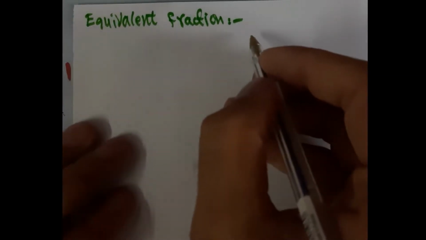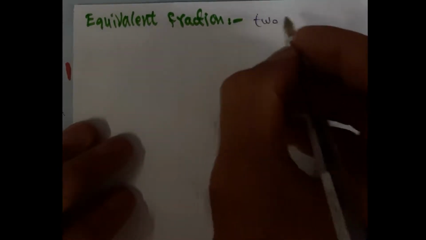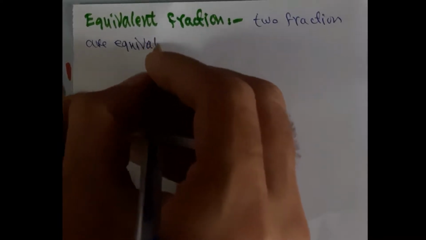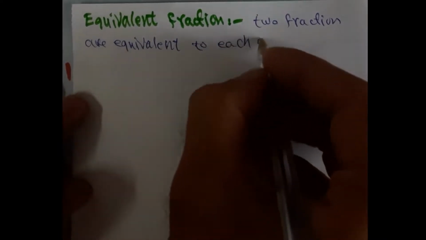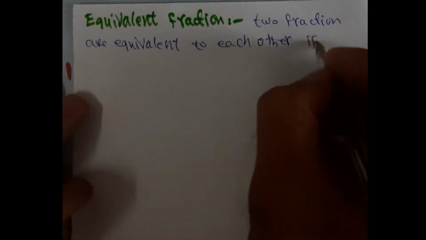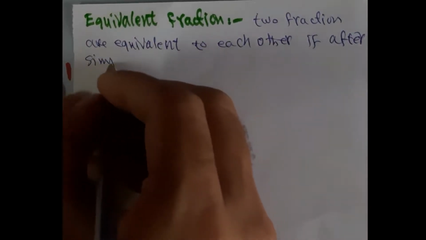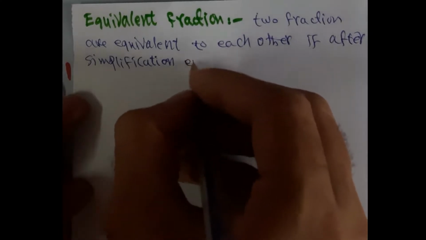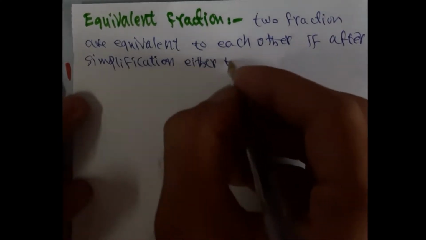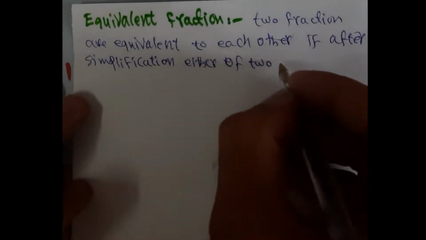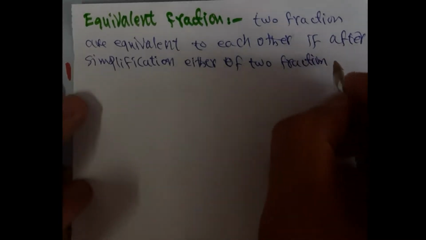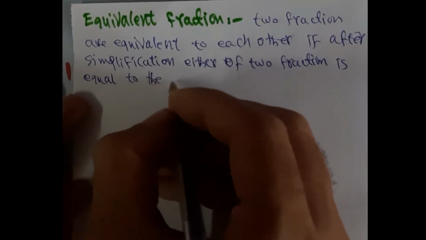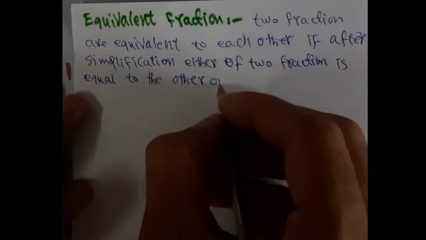Now we want to define equivalent fraction. Two fractions are equivalent to each other if after simplification either of the two fractions is equal to the other one.